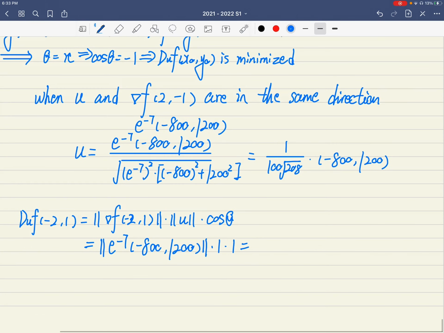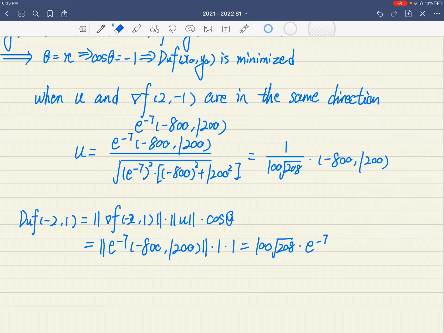If you do it, it's going to be 100 square root of 208 times e to the power of negative 7. I think you can further simplify.